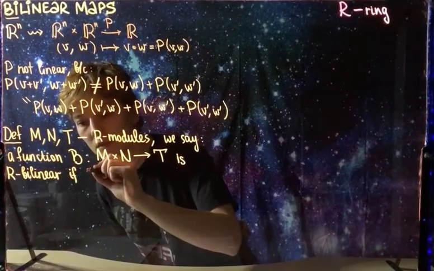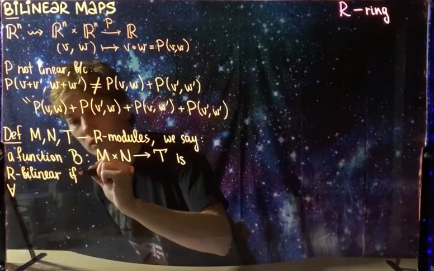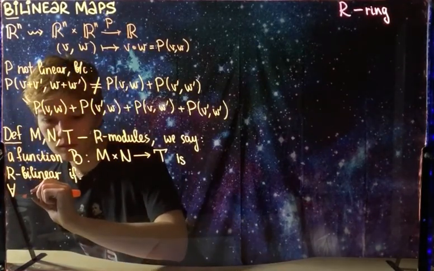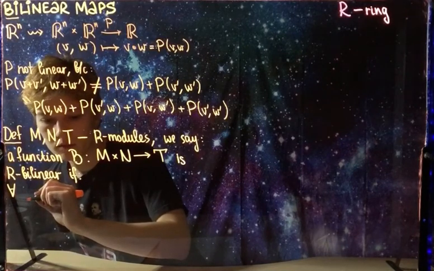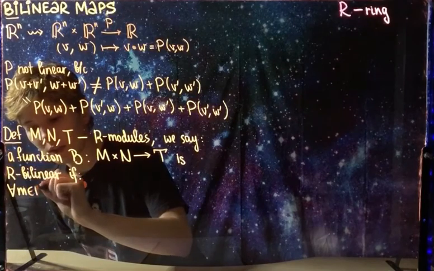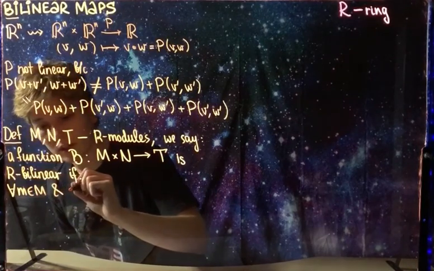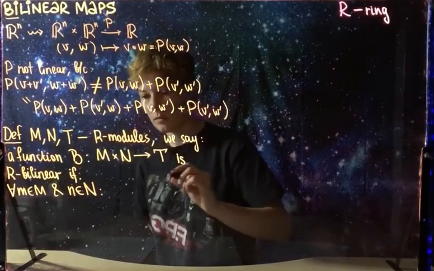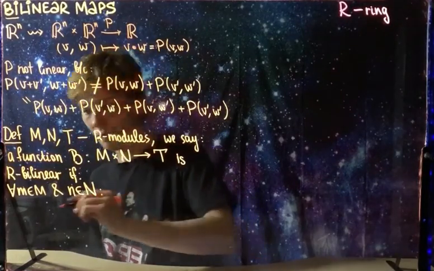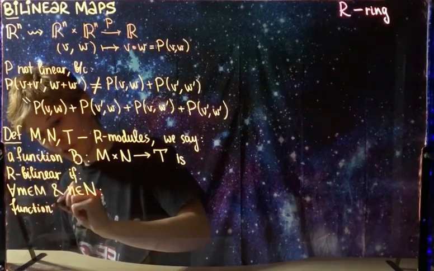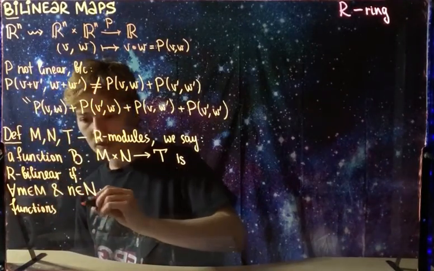if for every m in M and every element n in N, the functions where we fix the corresponding argument are linear.